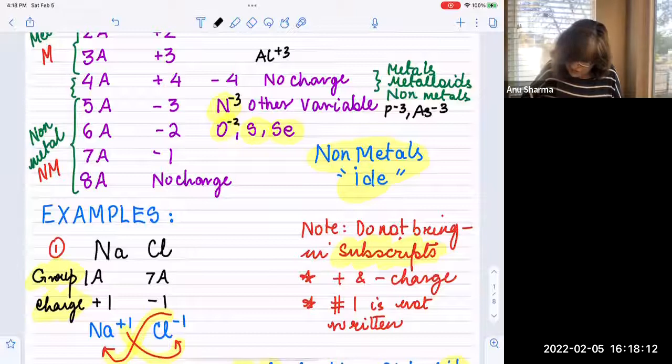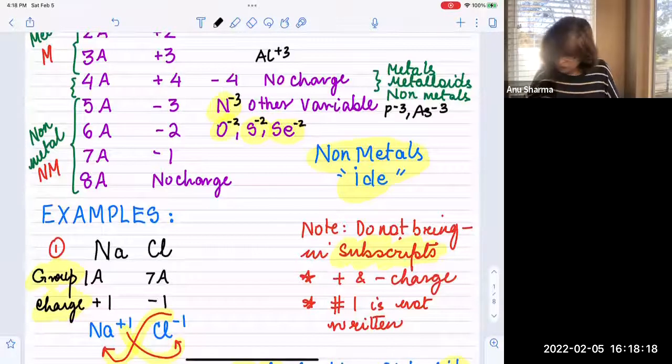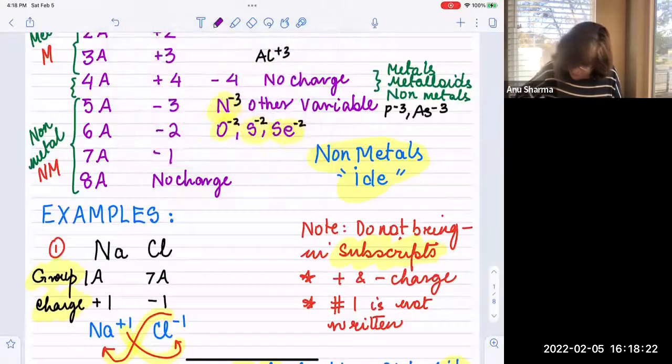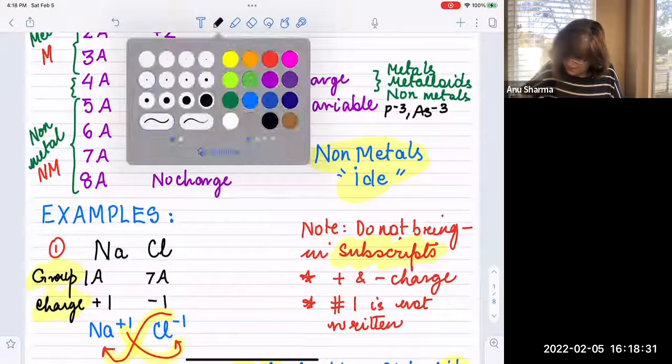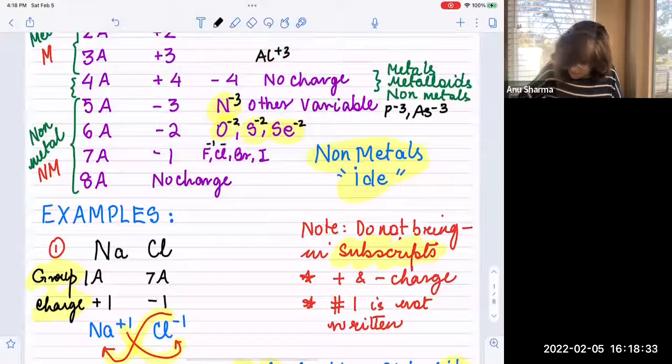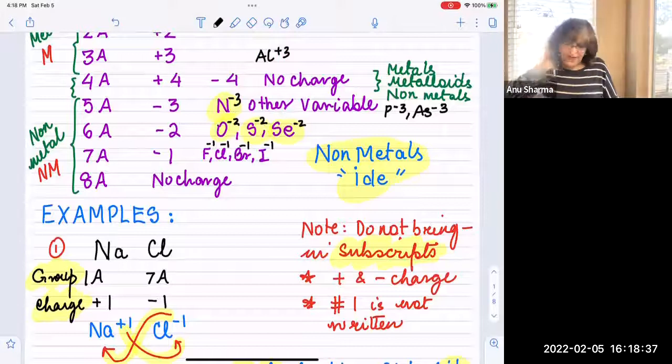Oxygen can have -2, sulfur can have -2, selenium -2, and tellurium also can form -2. Then comes the 7A. You have fluorine, chlorine, bromine, and iodine. And these guys will have -1, -1, -1, and -1. So that's the main thing.